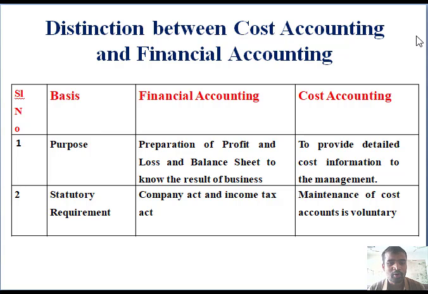Number two is statutory requirement. Financial accounting follows the Companies Act of 1956 and the Income Tax Act of 1961. But in case of cost accounting, maintenance of cost accounts is voluntary. It is not maintained under any law.